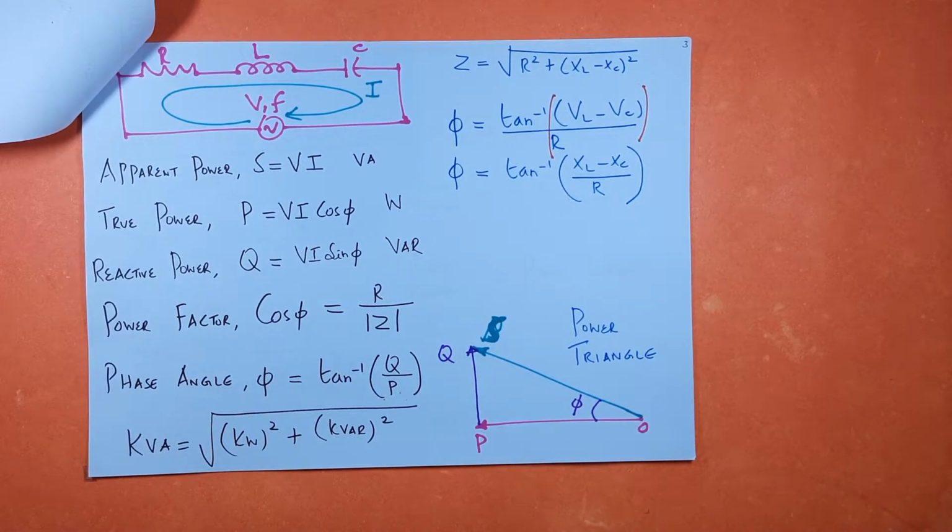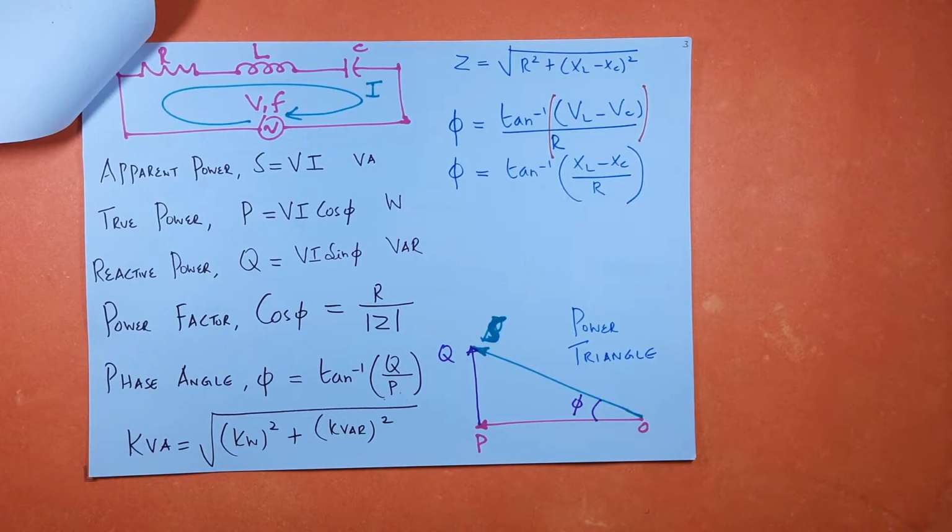Next we have power expressions in an AC circuit. So we have apparent power S equals VI volt ampere, true power P equals VI cos phi watt, reactive power Q equals VI sin phi var.